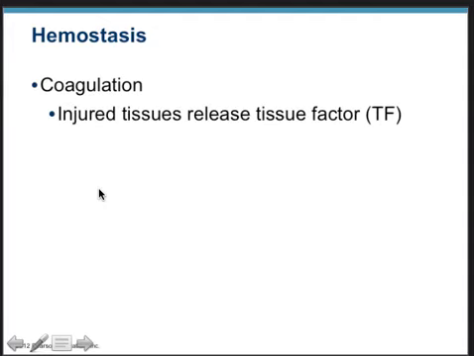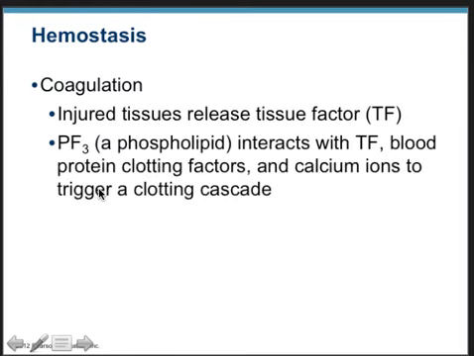The injured tissues will release a chemical called tissue factor. PF3, which is a type of phospholipid, will interact with tissue factor as well as other blood protein clotting factors and calcium that's always present in the blood, and this will trigger something called a clotting cascade.